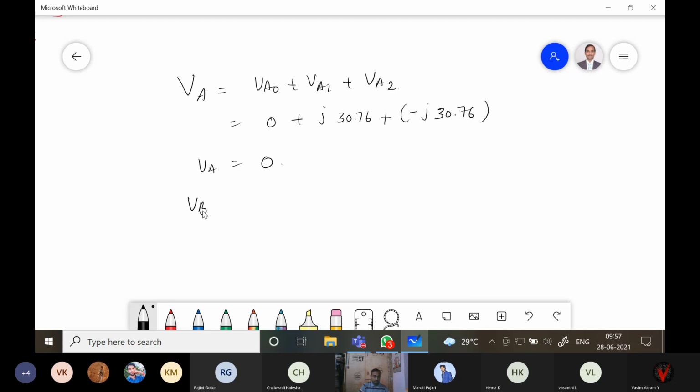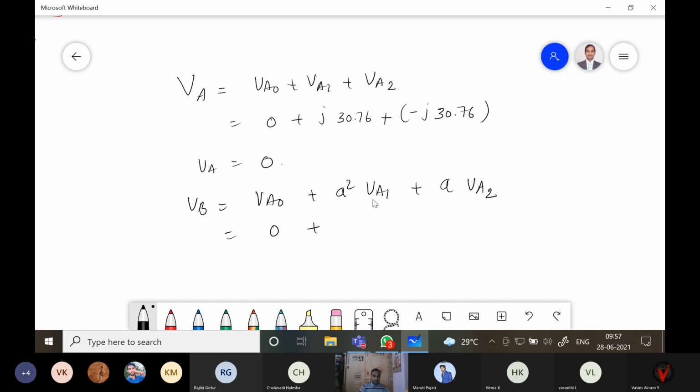Similarly, calculate VB is equal to VA0 plus a squared into VA1 plus a into VA2. VA0 is 0.